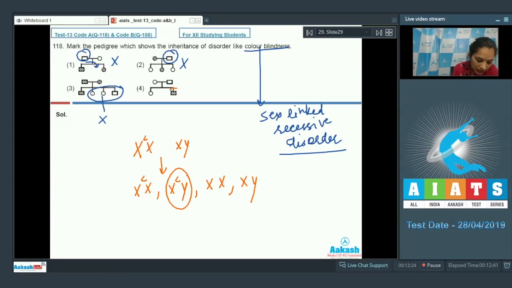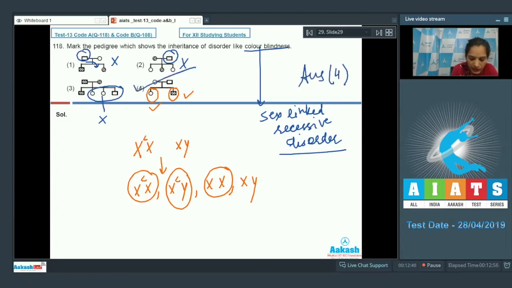Means the son can be affected but the daughters will be normal. So here this condition is possible for color blindness. So the correct option for the given question is option number 4. Let's move to the next question.